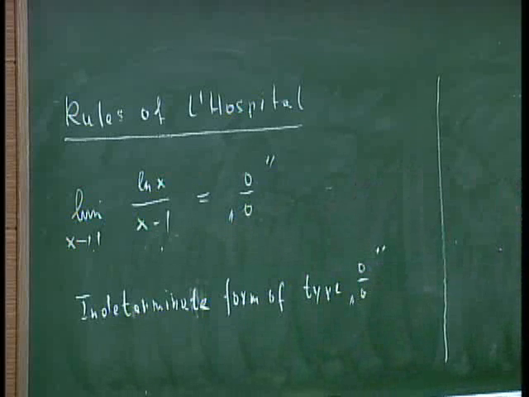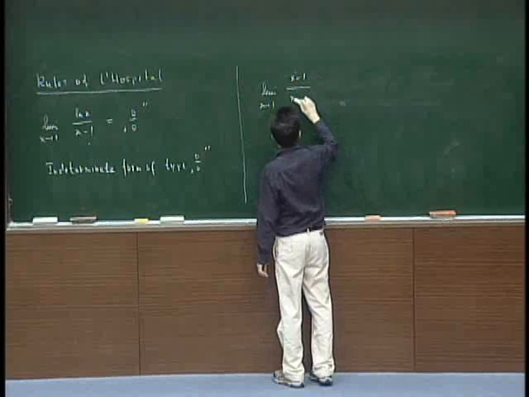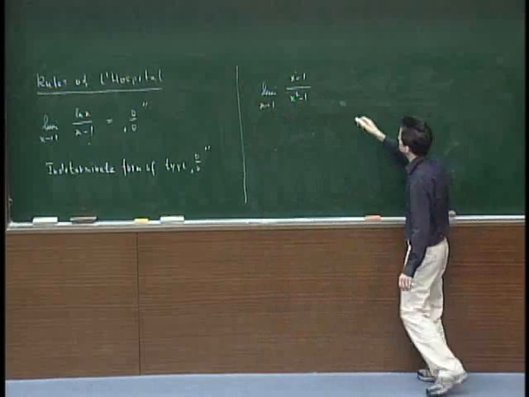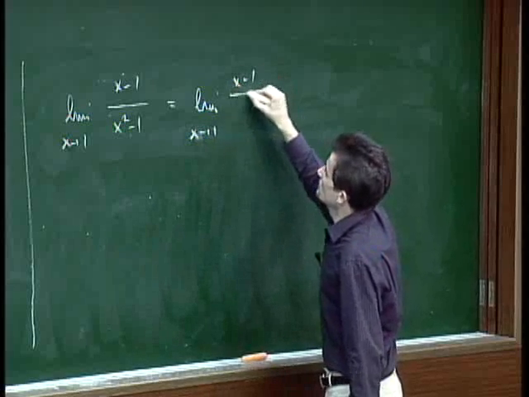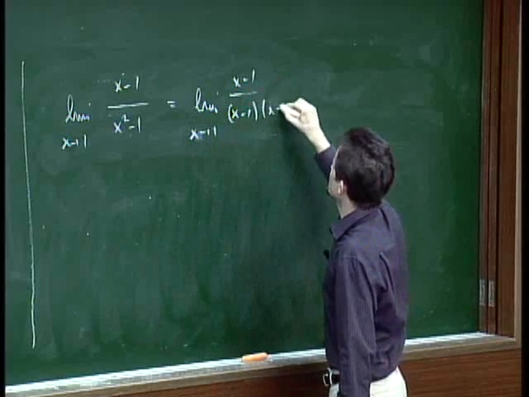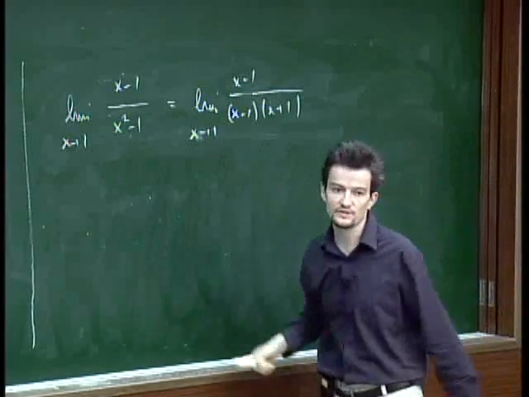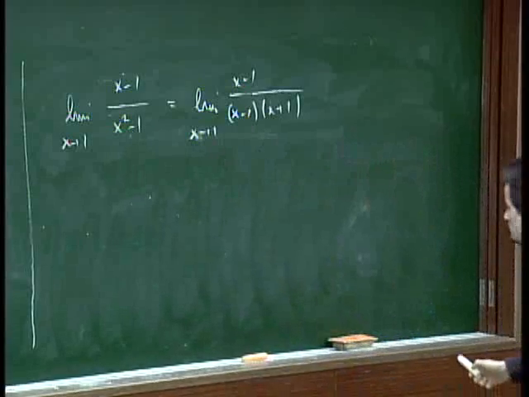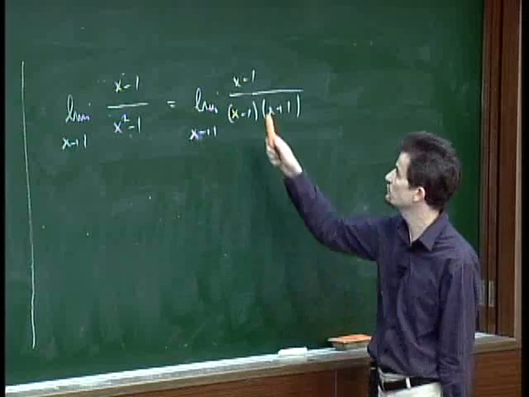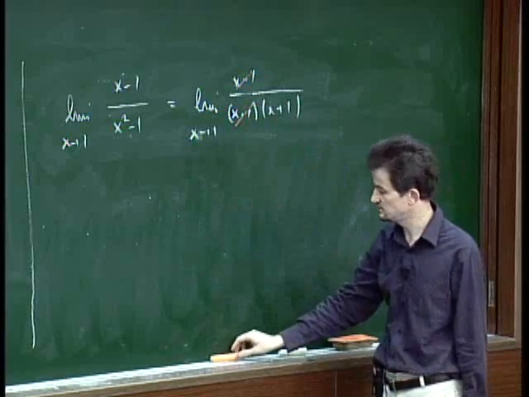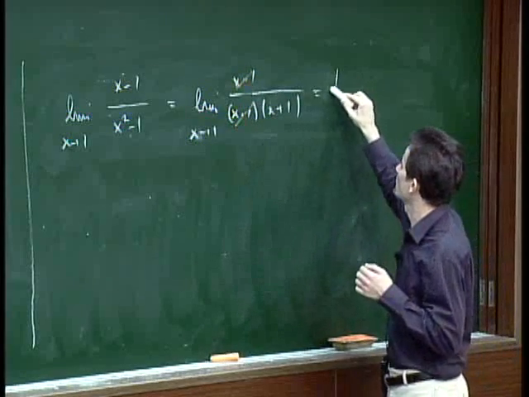For instance, if you have the limit as x tends to 1 of x minus 1 over x squared minus 1, you write the denominator as x minus 1 times x plus 1, and now you can erase the bad guy, the one responsible for the behavior 0 over 0, namely x minus 1. Then you can use the limit laws and you get 1/2.